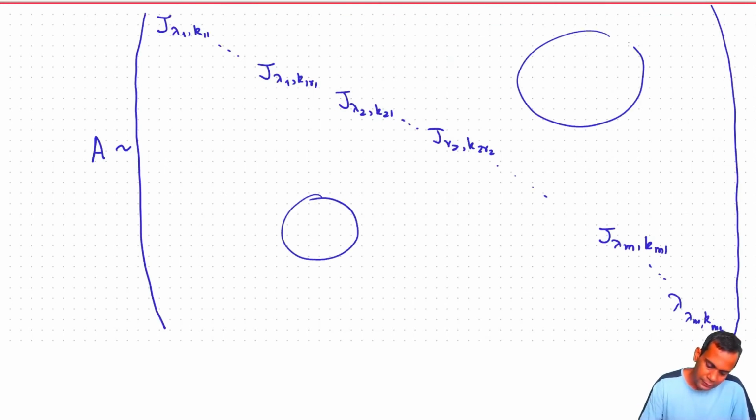So basically it's a block diagonal matrix, and the block diagonals are all Jordan blocks.